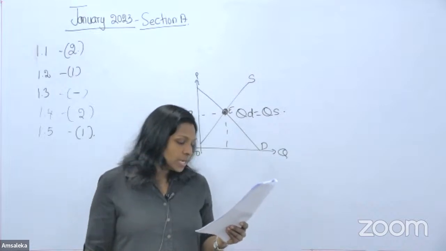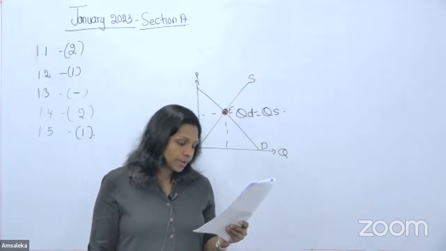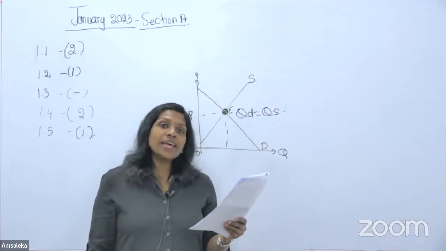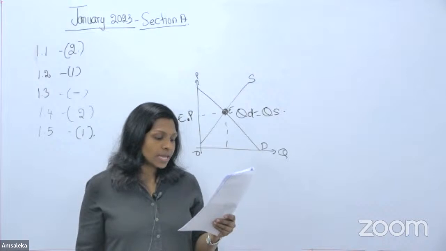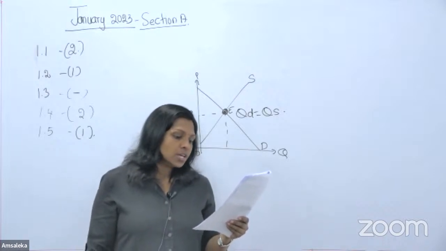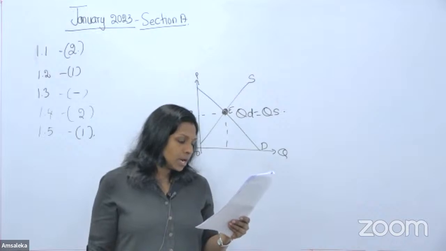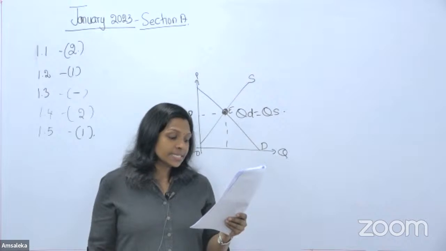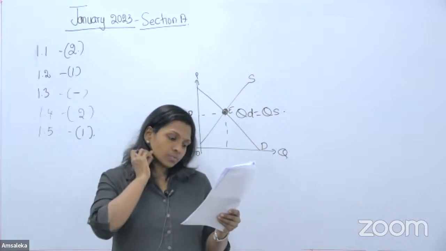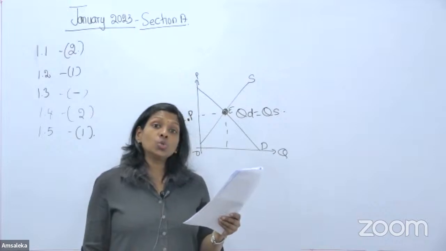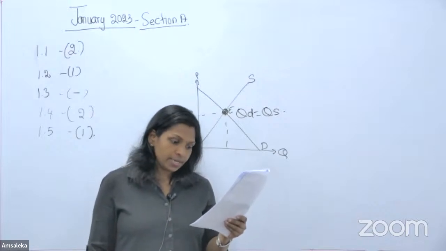I explained it to you. Here let's find out what is the answer, because they are saying when the price of commodity Y increases from 75 to 125, the quantity demanded of commodity X decreases from 4,000 to 2,500.